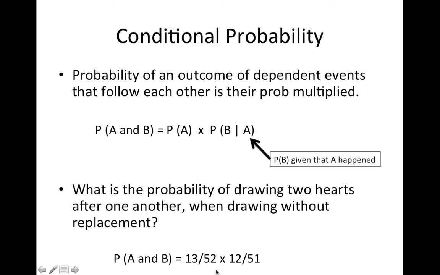For the second probability, we only have 12 hearts left in the deck of cards, and we only have 51 cards in total. So the second probability will be 12 in 51. This is the probability of event B, the probability of drawing the second heart, given that A has happened. Given that we already have drawn 1 heart, the probability of drawing another is 12 out of 51.